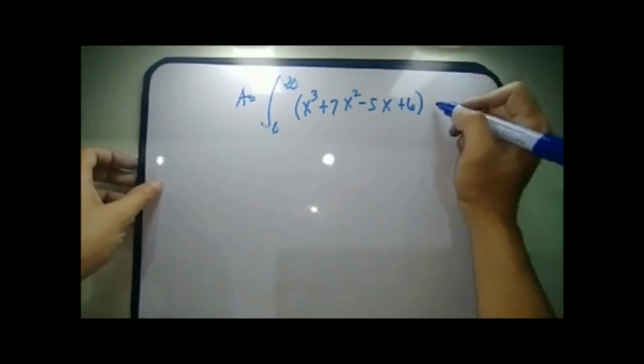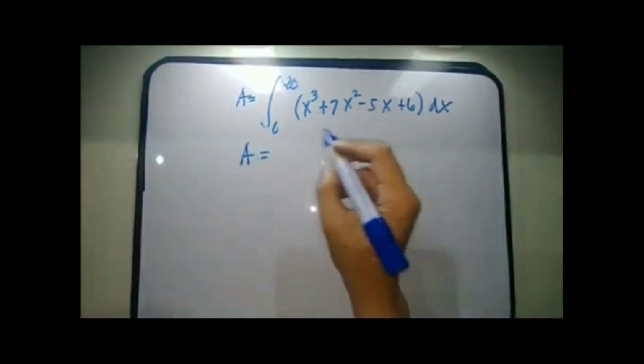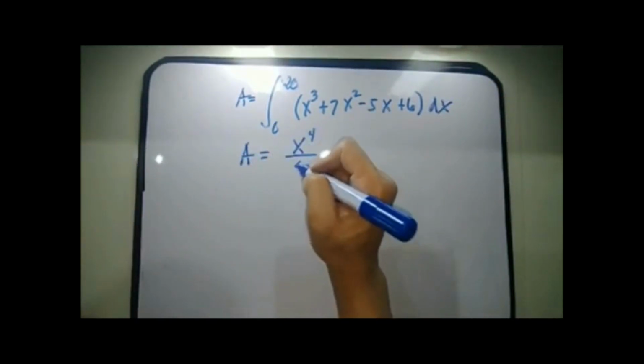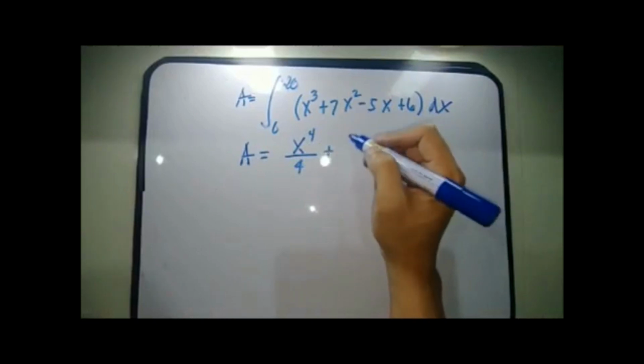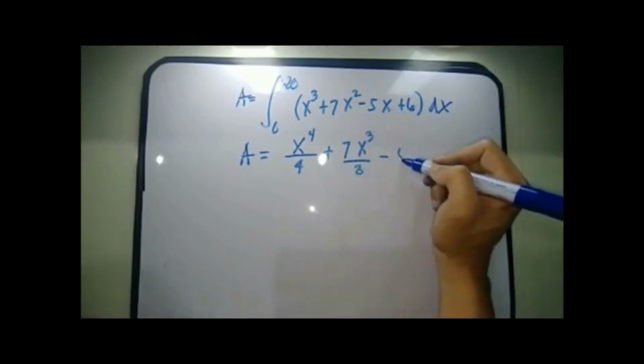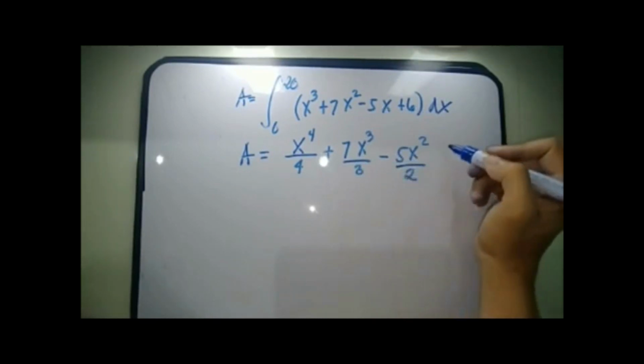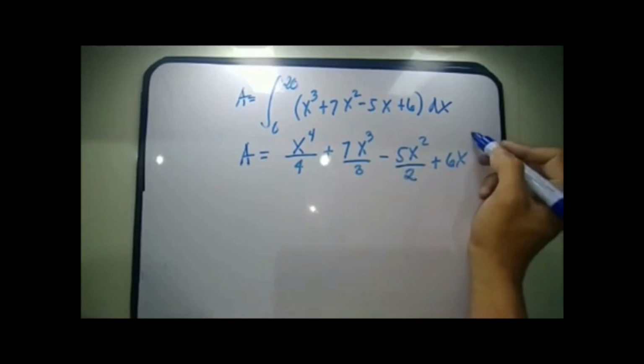Then we use power formula. So area equals, you have here x to the 4 all over 4 plus 7x cubed all over 3 minus 5x squared all over 2 plus 6x. Ang limit natin is from 0 to 20. So, we just substitute the limit.